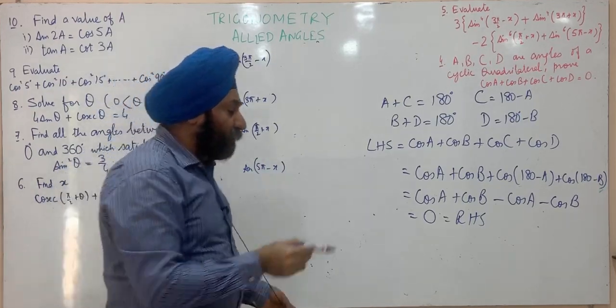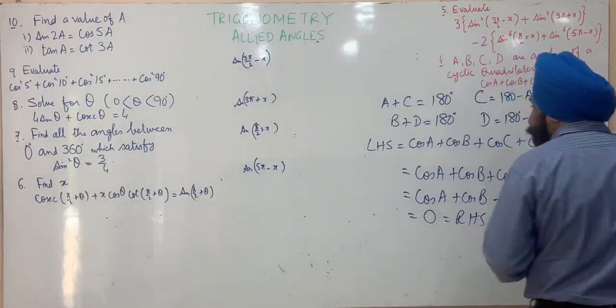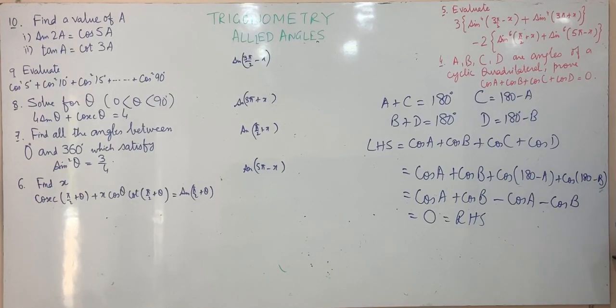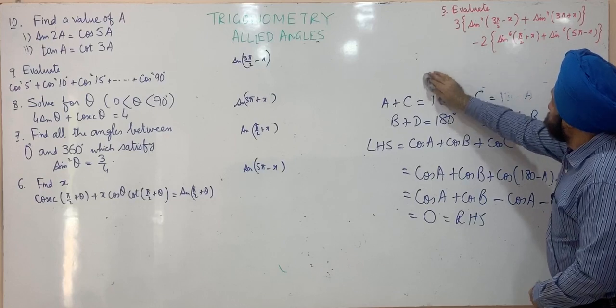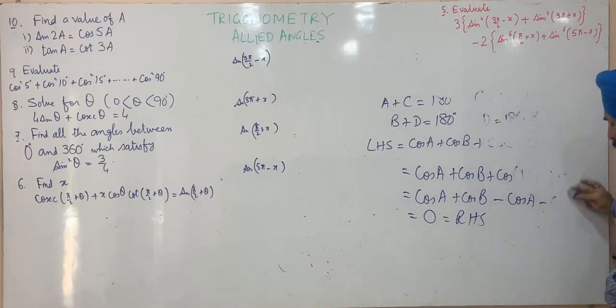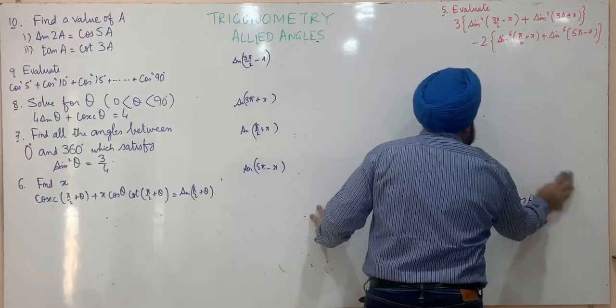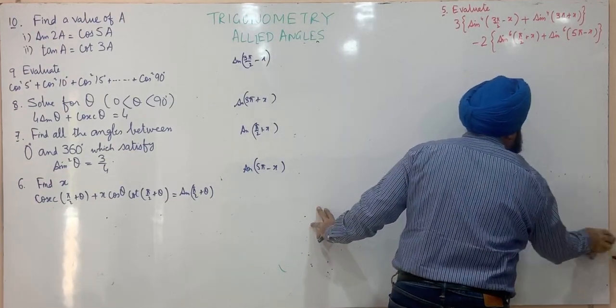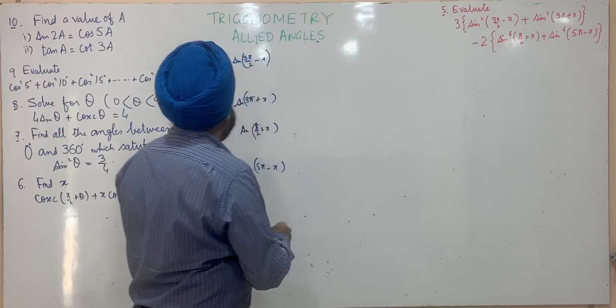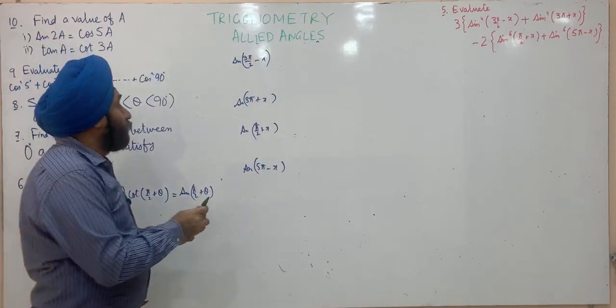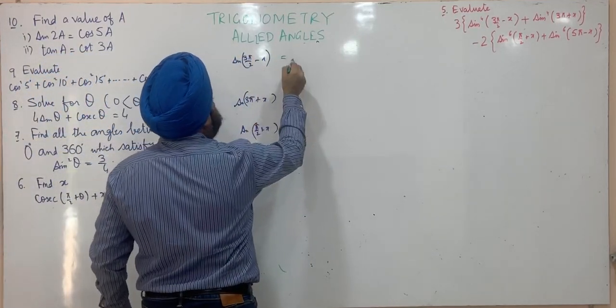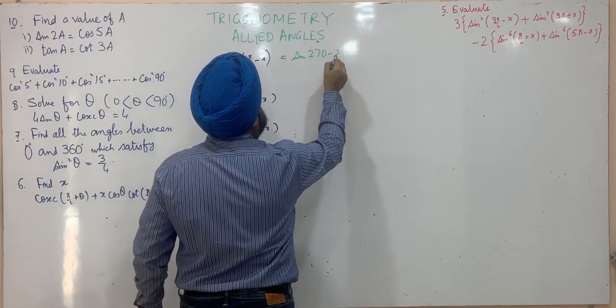Then we will substitute values there and get the answer. Three pi by 2 minus x. This is sine of 270 minus x.